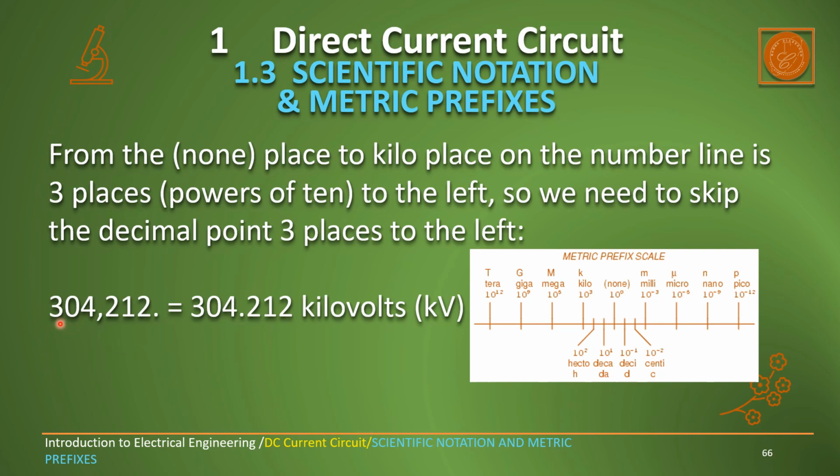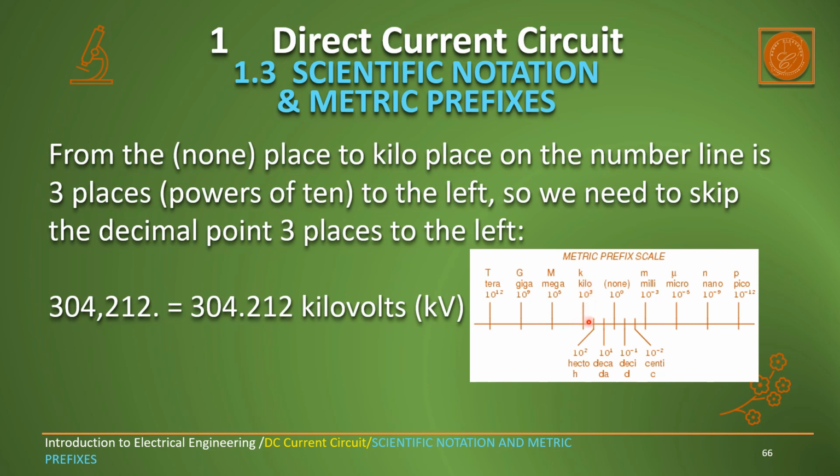So 304,212 watts, you can write as 304.212 kilowatts, because this is the kilo, k is the 3 places.